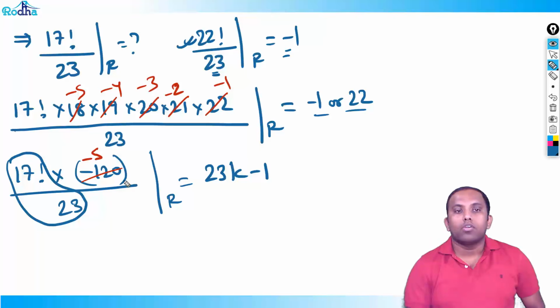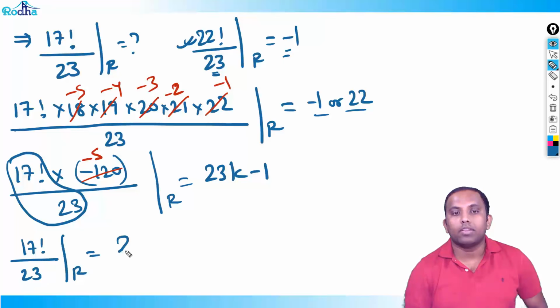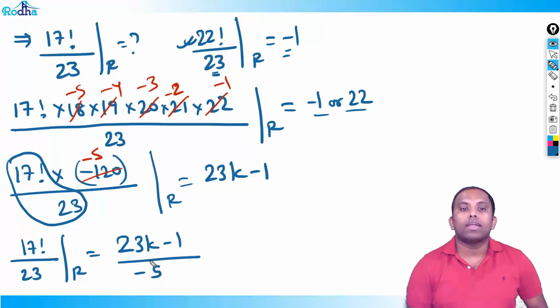So simply, 17 factorial by 23 remainder is 23k minus 1 divided by minus 5. At what value of k is it divisible by 5? Now the simple question is, at what value of k is it divisible by 5? This will be your answer always.